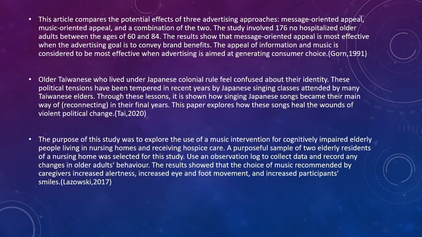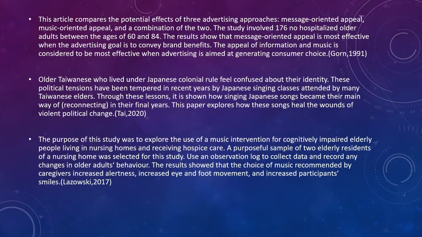And another study from Tai in 2020: the old Taiwanese who lived under Japanese colonial rule feel confused about their identity. They are confused about whether they are Japanese or Chinese. These political tensions have been tempered in recent years by the Japanese classes attended by many Taiwanese elders.